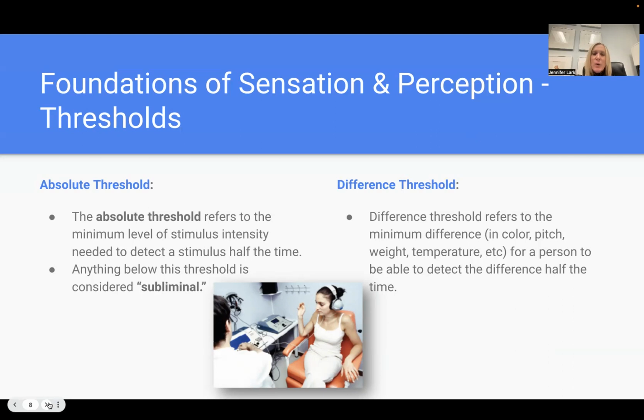And so here, we're going to talk about two different theories that seek to explain at what point do we actually notice in our brain that something is going on in the world around us? Because again, our brain doesn't have direct contact with the outside world. It's relying on our sensory system to give it information. So we're first going to talk about threshold theory, and then we're going to talk about signal detection theory.